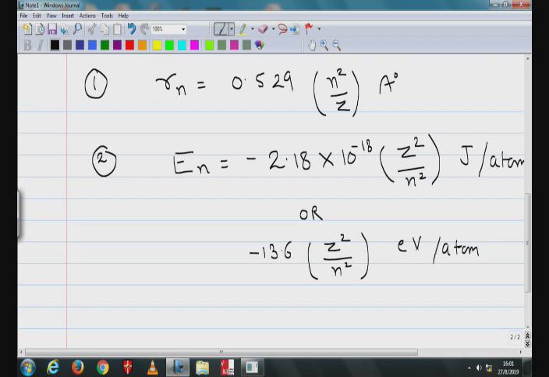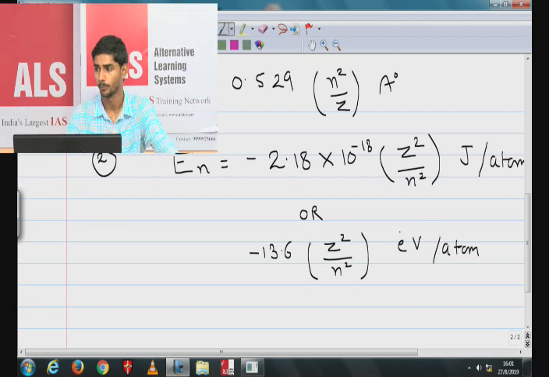I think we have already discussed it. These relations we discussed in the last class, okay? But we haven't discussed any questions based on these concepts. So guys, today, first of all, we will discuss questions regarding these concepts, and we will proceed after that, okay? So these are the formulas. Ultimately, you have to use the formula.